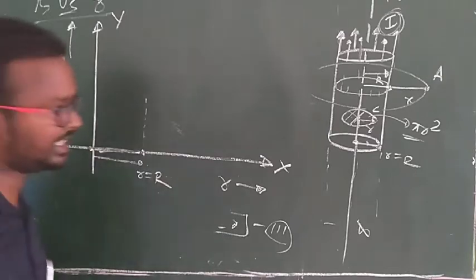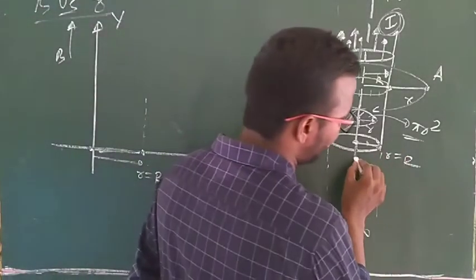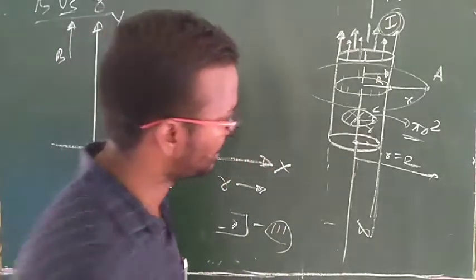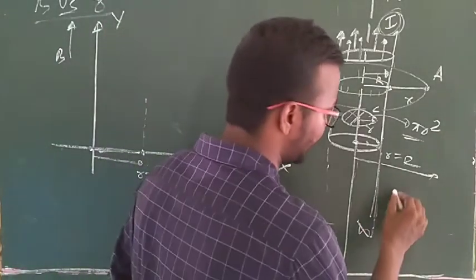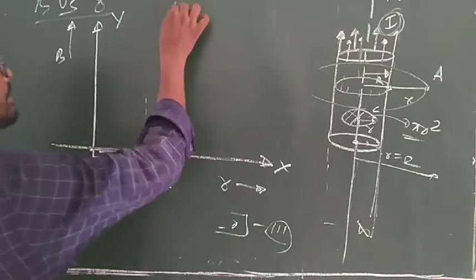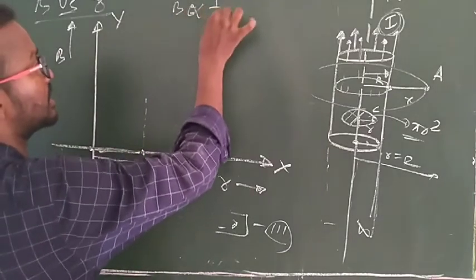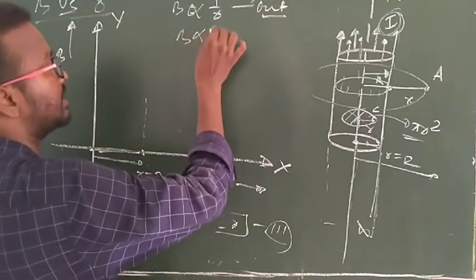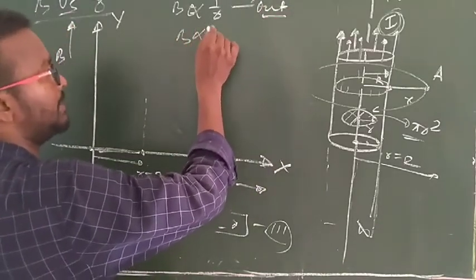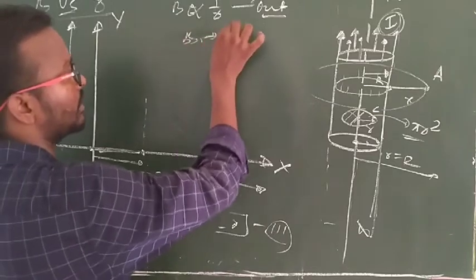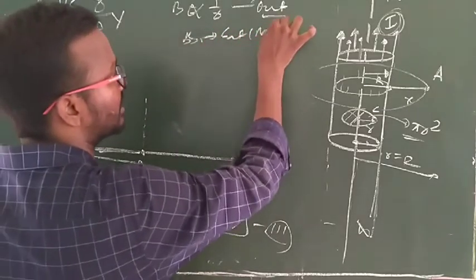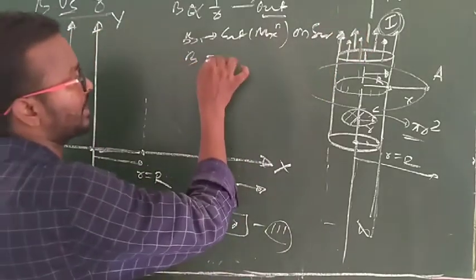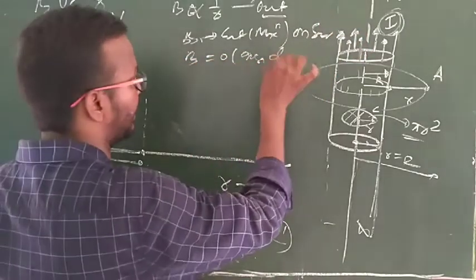Next, if we increase the distance beyond the surface of the hollow cylinder, then the magnetic field strength decreases. That means B is inversely proportional to R, B proportional to 1 by R. This is the outside point. B is maximum on the surface, and B equal to 0 inside.